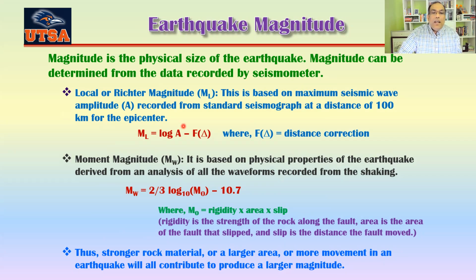You can see here that this is based on the maximum seismic wave amplitude recorded from a standard seismograph at a distance of 100 kilometers from the epicenter, okay? If you don't have a seismometer installed 100 kilometers away, let's say it's 90 kilometers or 150 kilometers, then basically you have to make some correction from there.